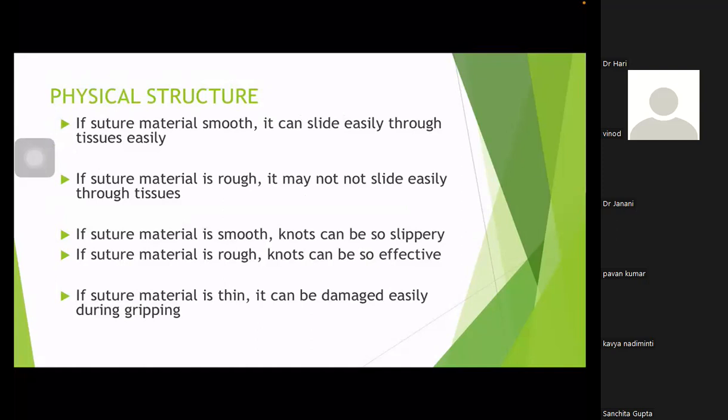But if it is smooth, the knots will be slippery, so multiple knots are required to make the suture strong. If it is rough, it is difficult to pass the suture through the tissues, and it may damage the tissue. But knots are very effective if the suture material is rough.